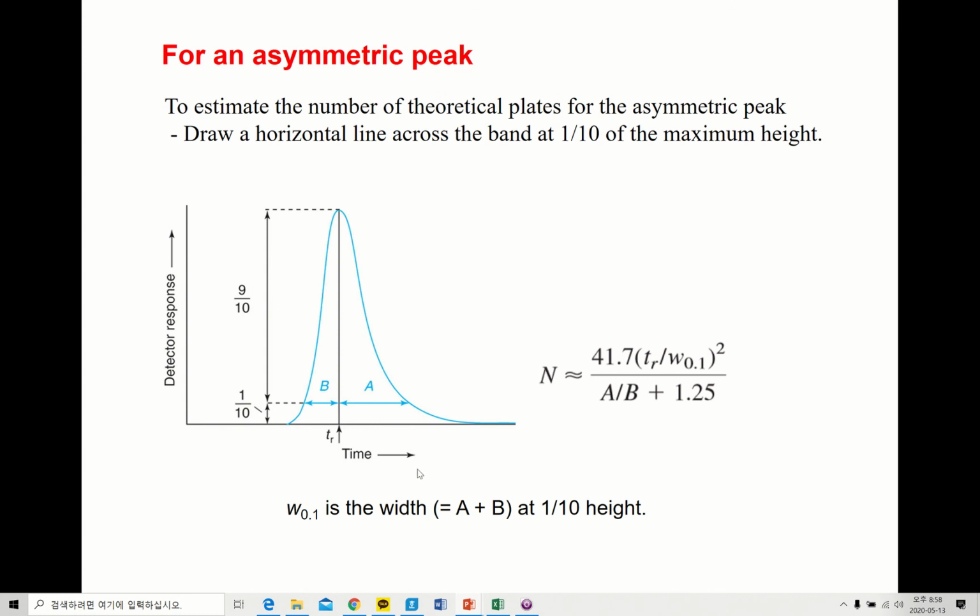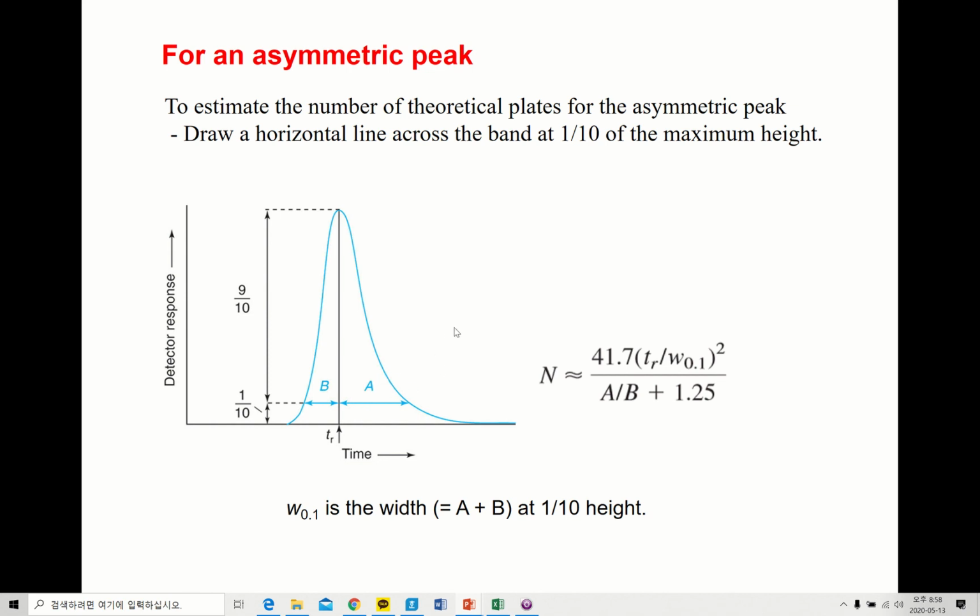And now, what if the chromatogram is not symmetrical? This is an asymmetric peak. So far we only considered the symmetric peak, the Gaussian-shaped curve. But actually, we meet this kind of peak shape quite often, and then we need a theory.